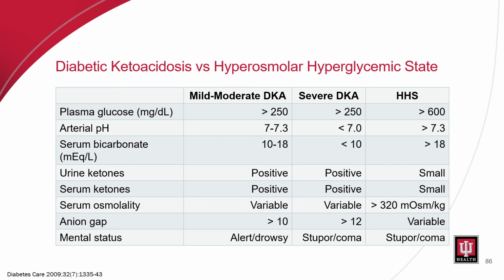HHS, we don't necessarily anticipate this, so it could be variable. Mental status can be very severely impaired in HHS, while in DKA, this can be a range from alert and drowsy to a stupor or coma in our more severe patient population.